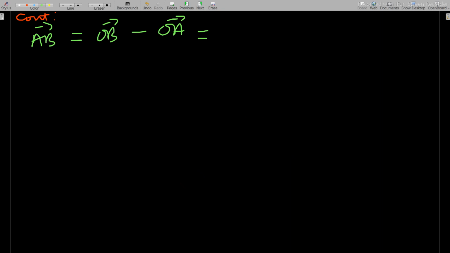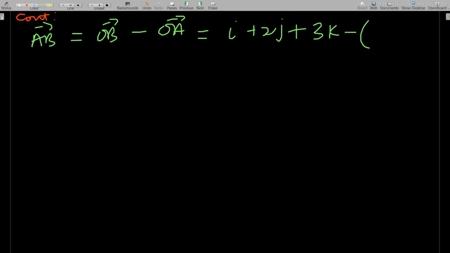So OB in terms of position vector is the same as B, which was given as 1, 2, 3, and in Cartesian coordinates it is i plus 2j plus 3k. I hope you get this.